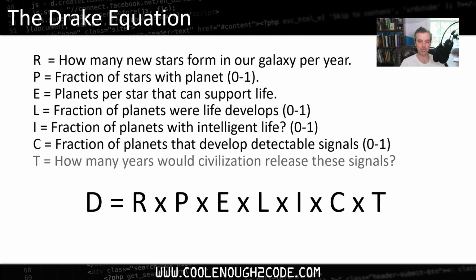No one really knows. And T is the amount of time in years for a given civilization that will actually last long enough to broadcast a signal into space. So is that value 100 years? Currently, we've been doing broadcasts into space since about the 1930s, so we've been doing it around 90 years.